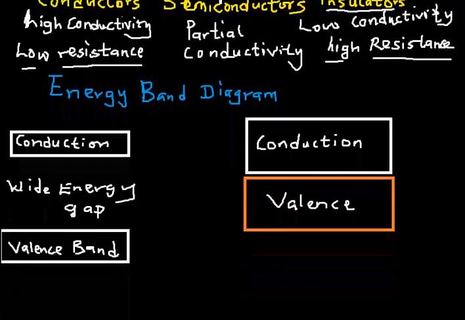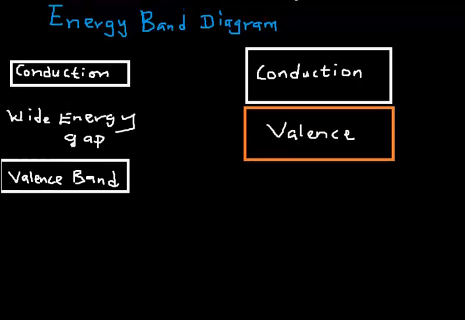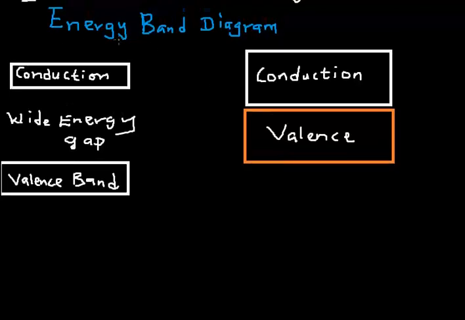To illustrate the conductivity of a material, we use the energy band diagram. Unlike in chemistry, where you can classify a material into metal, non-metal, or metalloid based on its valence electrons, in physics or electronics we study the conductivity of a material based on the energy band diagram.